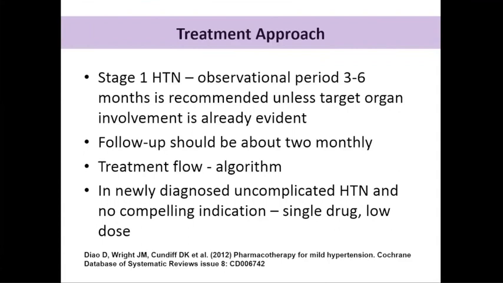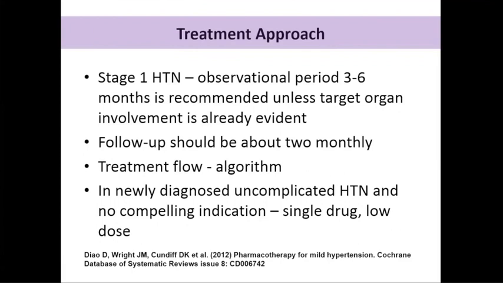Reduce body weight, reduce salt intake. That should be done throughout. If after 2 to 3 months they are still high, then we can start giving drugs. If they have stage 2 blood pressure, automatically we will start treatment. We don't wait for therapeutic lifestyle changes.